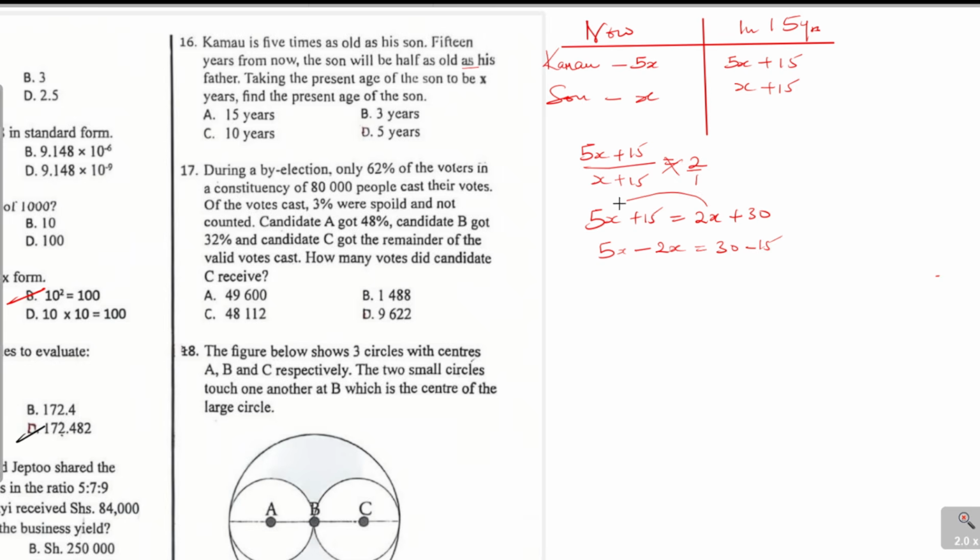So I brought 2X to the left hand side and the plus 15 I've taken to the right hand side. So 5X minus 2X, you get 3X is equal to 15. And this gives X as 5, dividing both sides by 3. So the present age of the son is X, and that is 5 years.